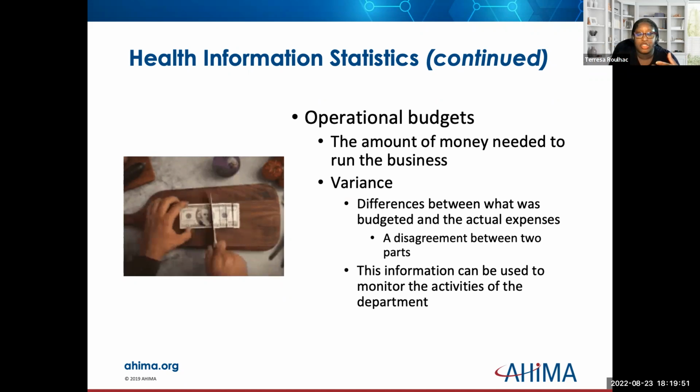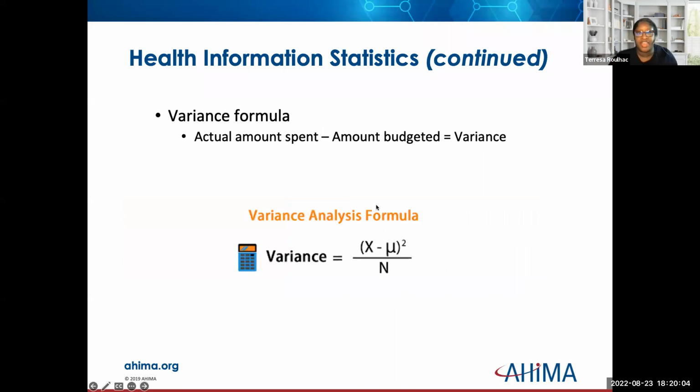This information can also be used to monitor the activities of the department. You know, we have been spending an average of 50% more than what was allocated. We need to go back and determine where we are off on our calculations. So we have a variance formula: the actual amount spent minus the amount budgeted equals variance.